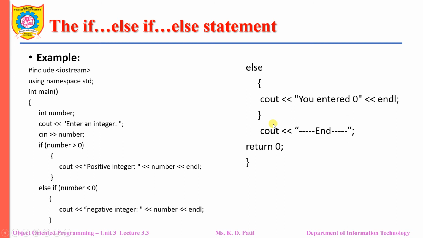After the three conditions have been checked, the next statement, that is cout endl, will be printed on the screen. So first the conditions are checked, and only then the statements after those conditions will be printed on the screen.